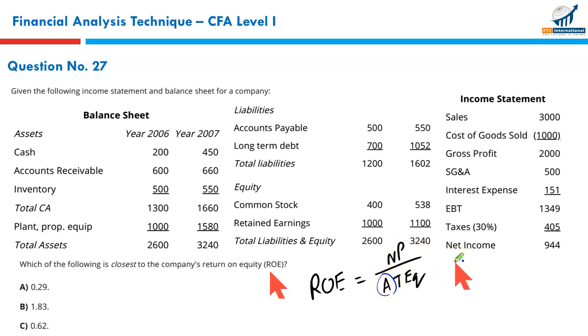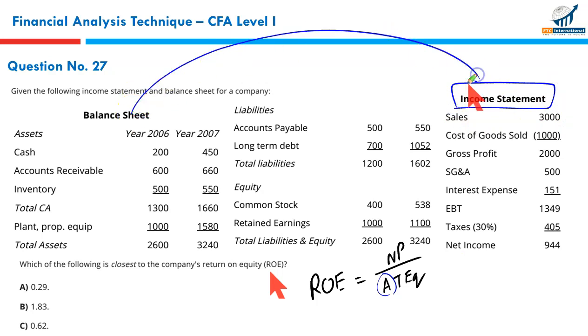The reason is, whenever in ratio analysis we combine an income statement item with a balance sheet item, the income statement is for the whole period, for the whole year. This net profit is for the whole period. Then why do you take the closing equity?